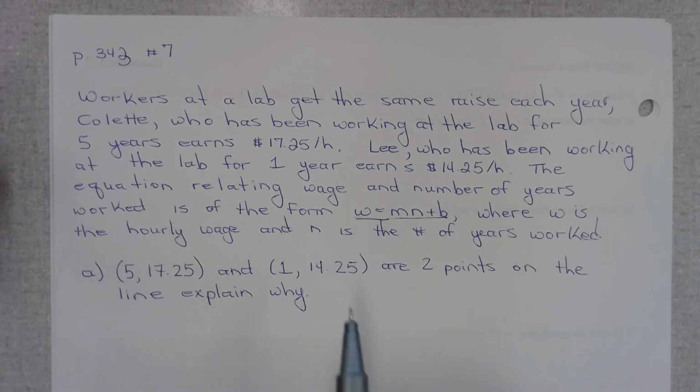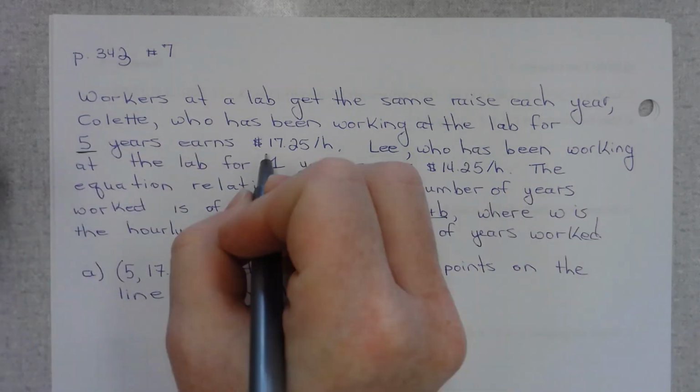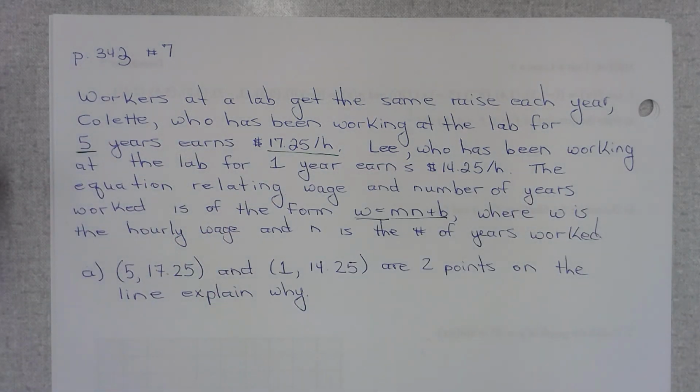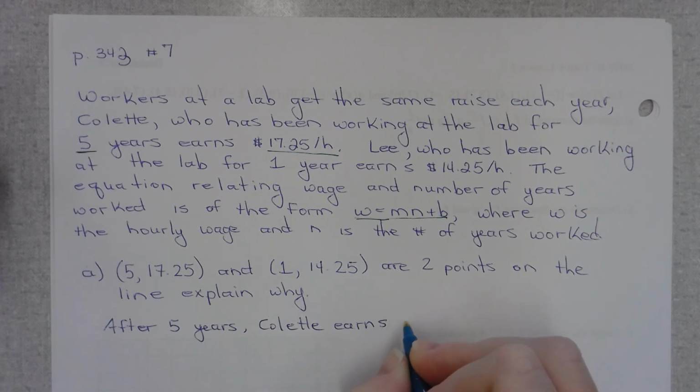And we've been told that Colette has worked at the lab for 5 years and she earns $17.25 an hour. So we know that after 5 years, Colette earns $17.25 an hour.